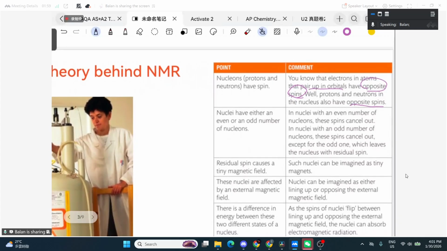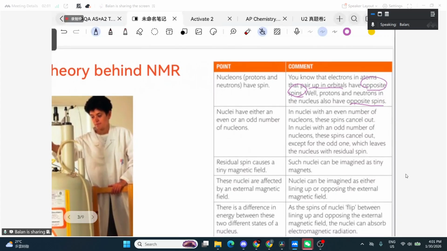So if a nucleus has an even number of nucleons, the spins can cancel out. But if it has an odd number of nucleons, the spins cannot cancel out. So there will be a residue spin.